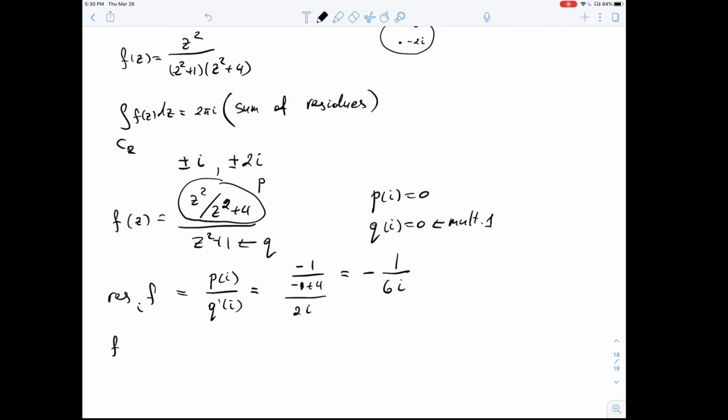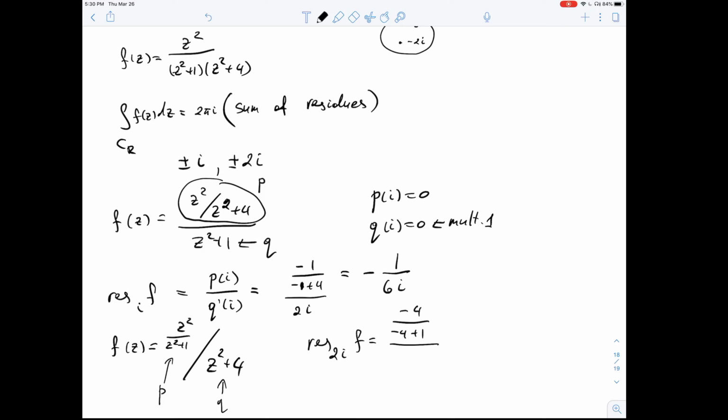Okay, and now I'll write f of z like this. Sorry, I'm using this slash in different ways, but anyway, now this will be my P, this will be my Q. So the residue of f at 2i is P of 2i, which is minus 4 divided by minus 4 plus 1, and Q prime is 2z, so 4i here.